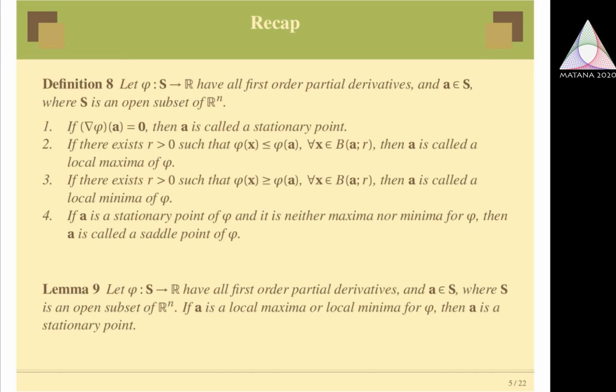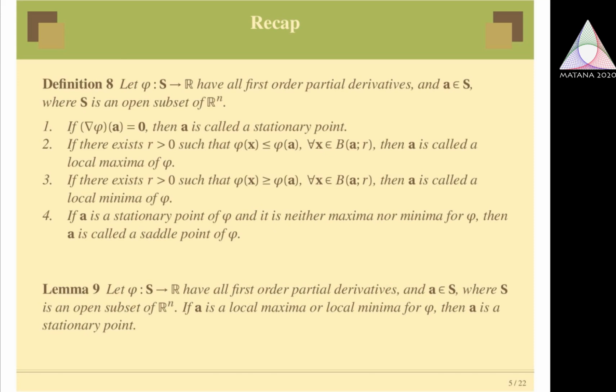If there exists a neighborhood of a such that phi(x) is less than or equal to phi(a) for all x in the neighborhood, then a is called a local maximum of phi. If there is a neighborhood of a such that phi(x) is greater than or equal to phi(a) for all x in the neighborhood, then a is called a local minimum of phi.